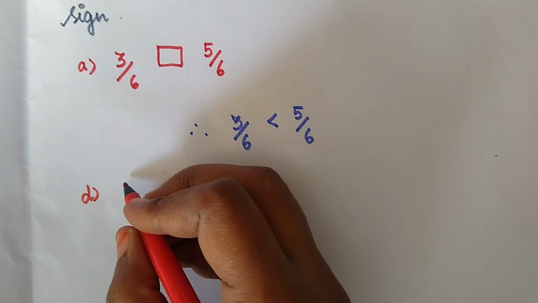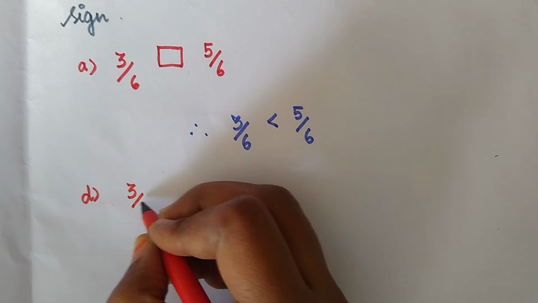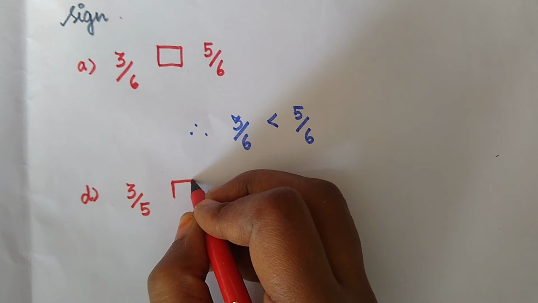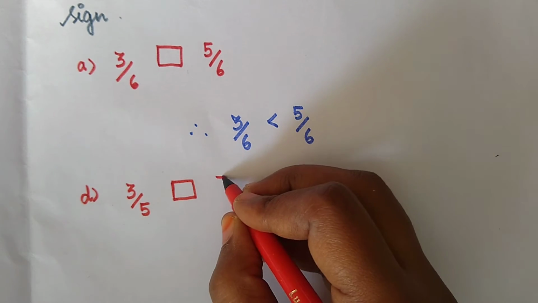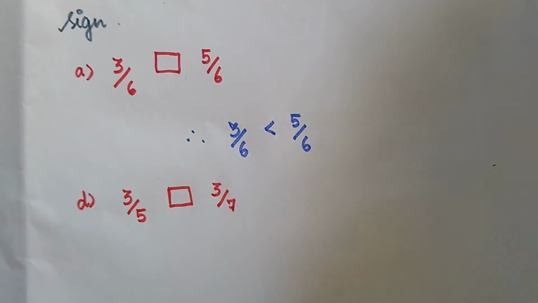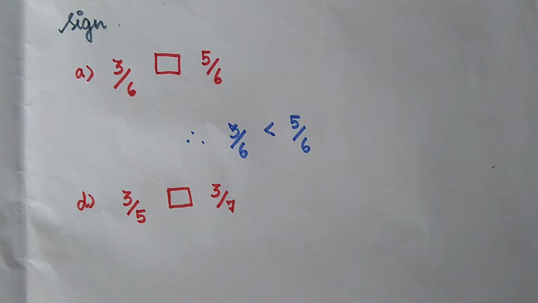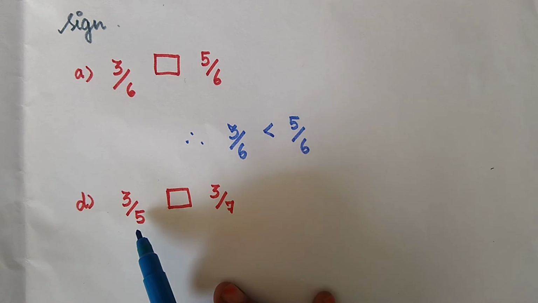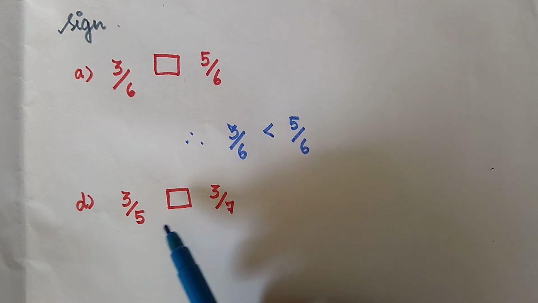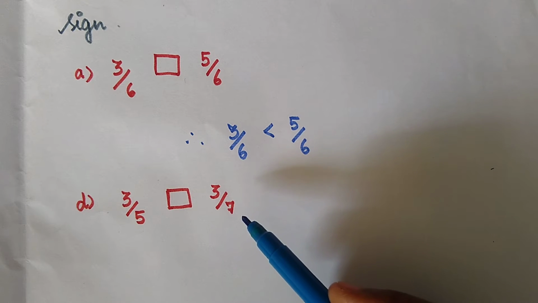Subdivision D: 3 by 5 and 3 by 7. Here also we have to compare these two numbers. Now see the denominators, 5 and 7.